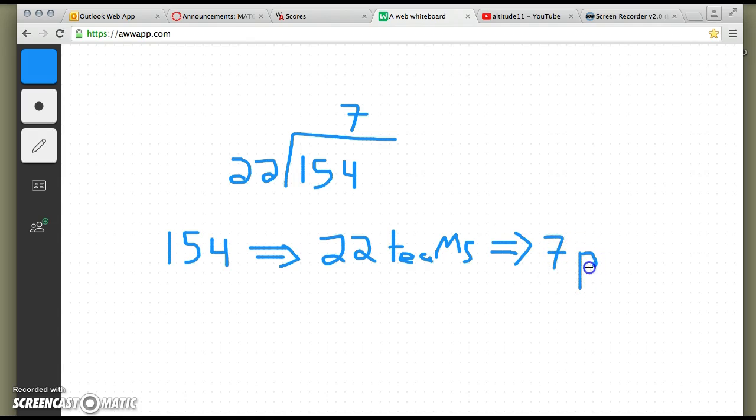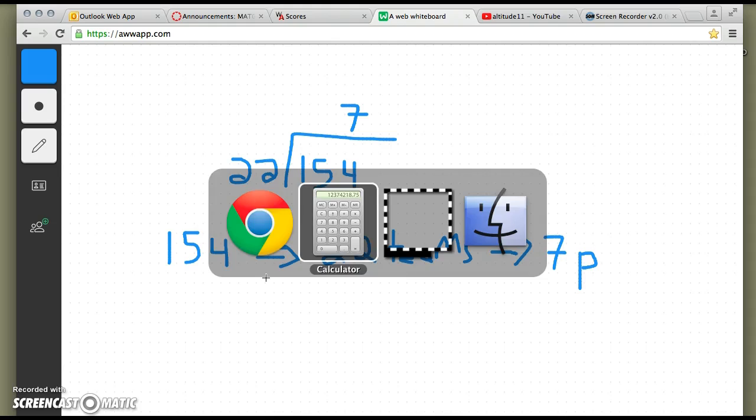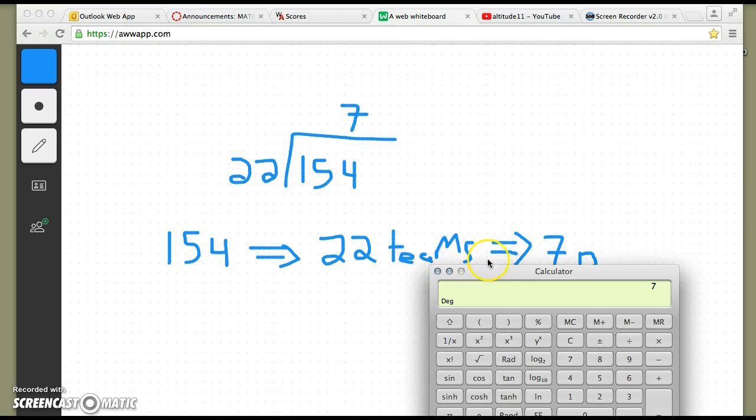I think I'm just going to stop with P for players, it's hard to spell on here. If we have 22 teams with 7 players apiece, that will use up all 154 of these girls.